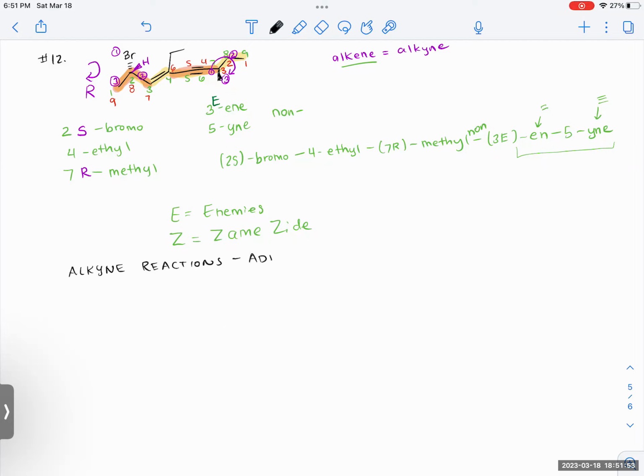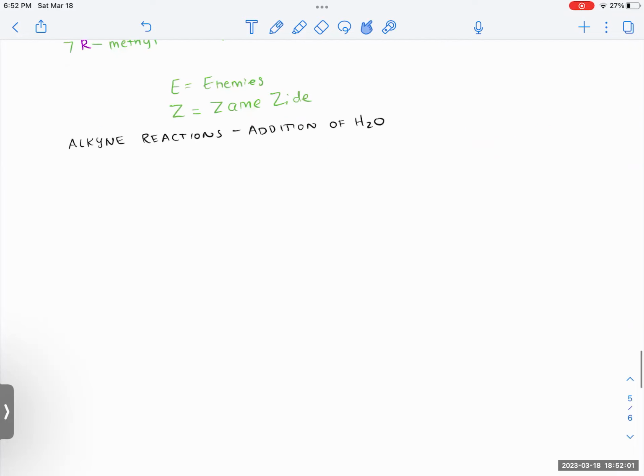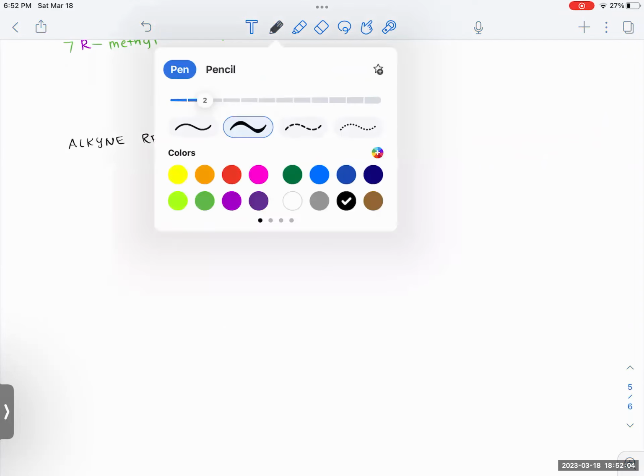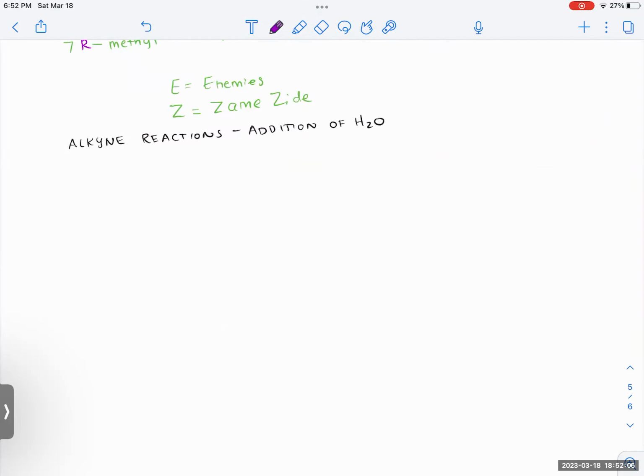addition of H2O. So you learned this week that even though we love using this to add H2O, it's not reactive enough with an alkyne.